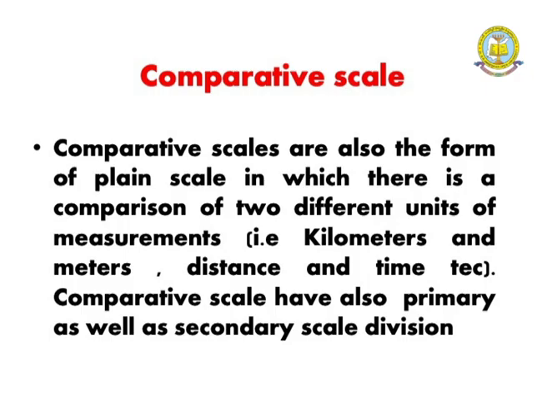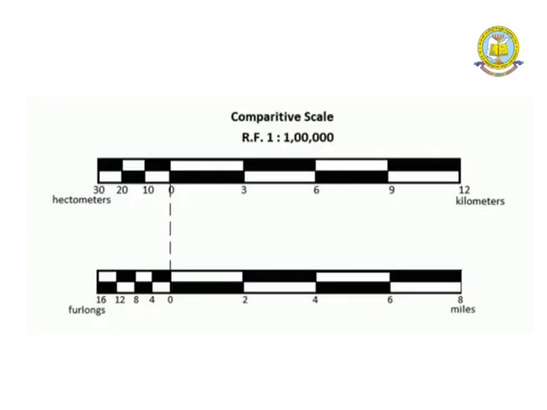It is based on the plane scale only, but it will compare both scales. If you just see this map, then you come to know what a comparative scale is. Here you are measuring only 2 units, that is miles, furlongs, kilometers and hectometers.